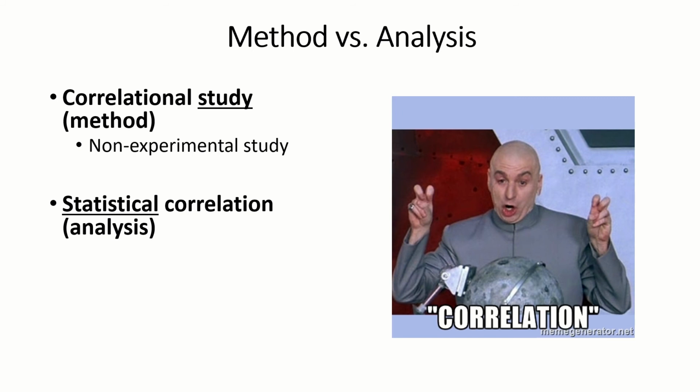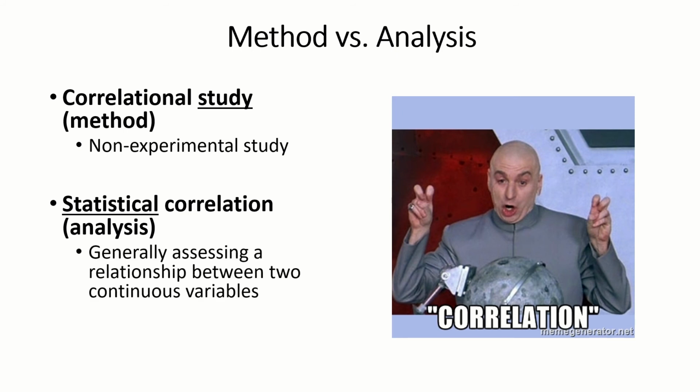Now, statistical correlation, this is a statistical analysis. This is a tool to help understand or make sense of large quantities of information. In this case, we are assessing the relationship between two continuous variables. That is, both our independent variable and dependent variable are going to be continuous.